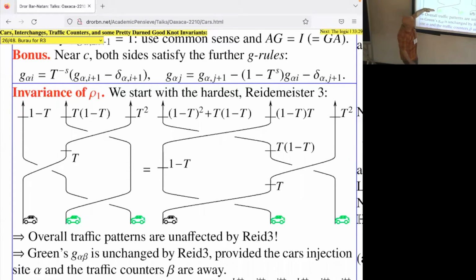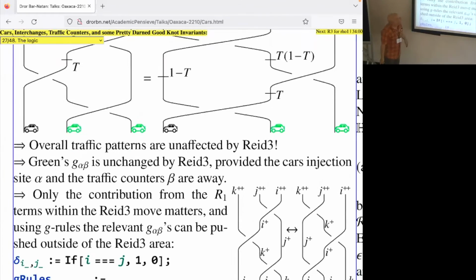If you do a Reidemeister 3 somewhere on the knot, then unless you're inside the zone where the Reidemeister 3 occurred, the quantities that are related to the inside are changed, but the overall traffic patterns are not changed, because no matter where the car enters, it will come out with the same probabilities on the upside, no matter which side of the Reidemeister 3 you're looking at.